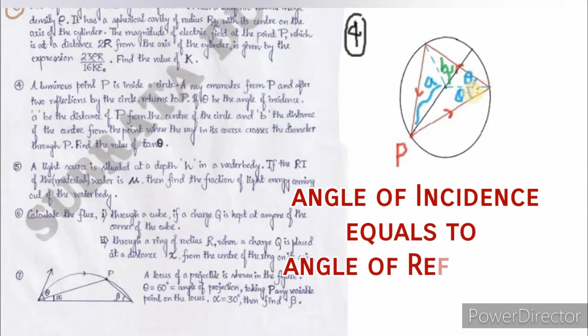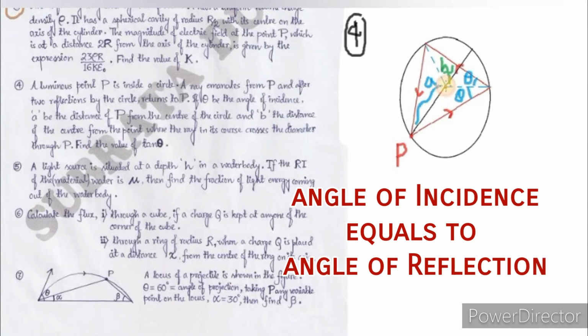Here we have drawn the center, and a diameter from the point P, and the distances small a and small b are given in the question, as shown in the figure. And theta is the angle of incidence or angle of reflection in each reflection.